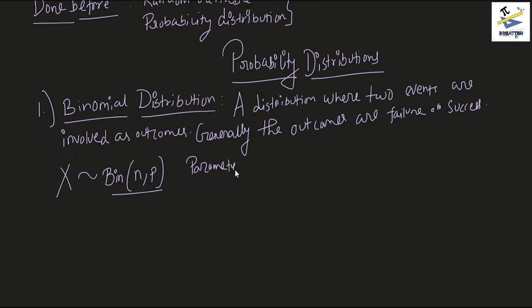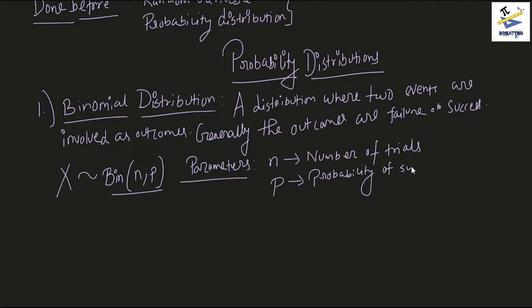Parameters are n, which is the number of trials, and p, which is the probability of success. Okay, right.